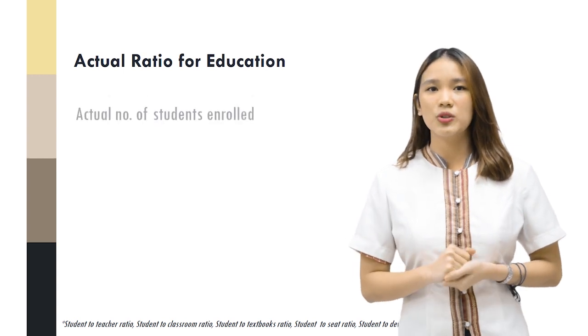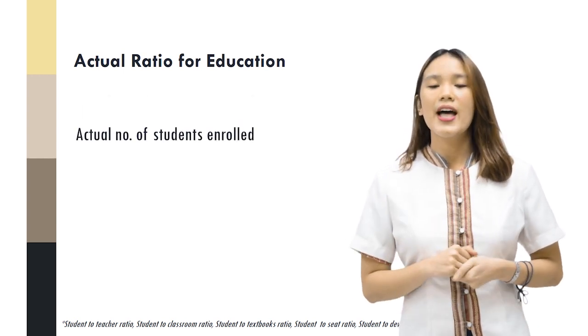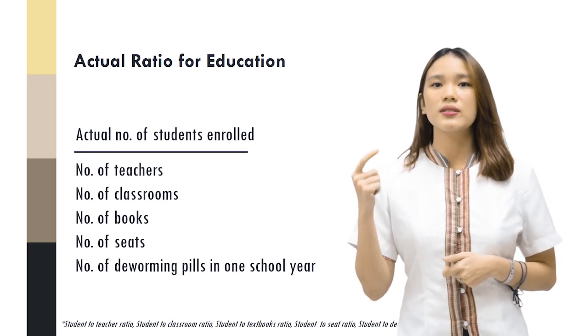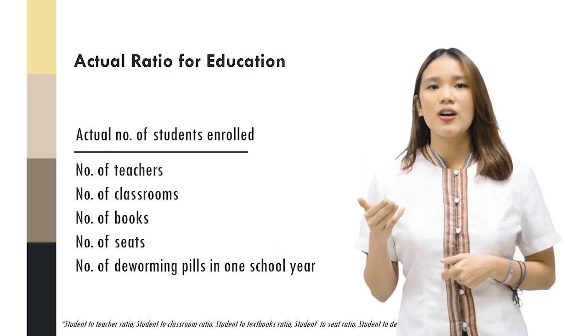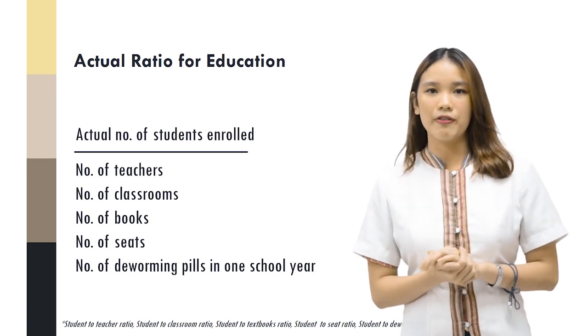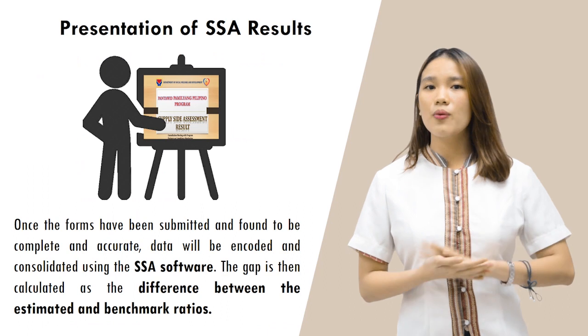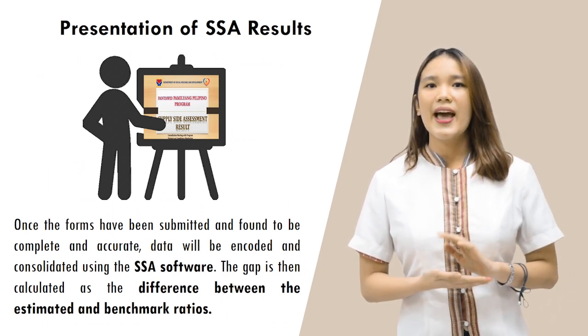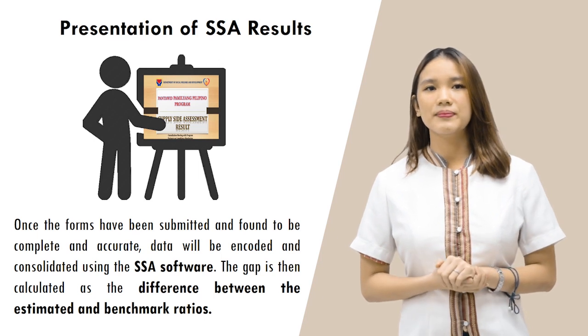It will be the actual number of students enrolled divided by the number of teachers, classrooms, books, seats, or the deworming pills in a school year, whichever you are computing for. So once the forms have been submitted, this will be encoded and gaps will be computed.